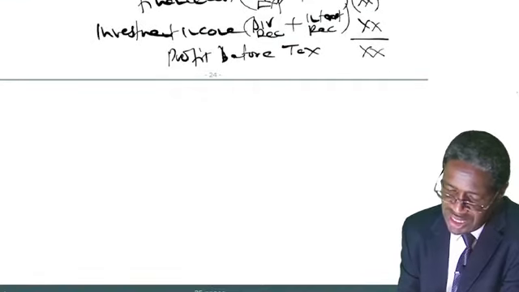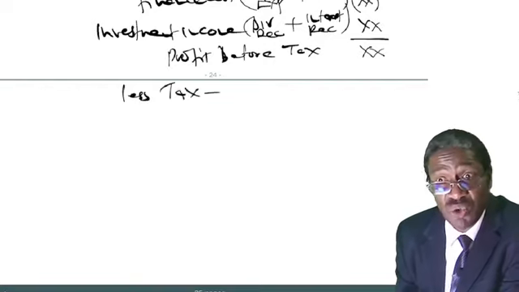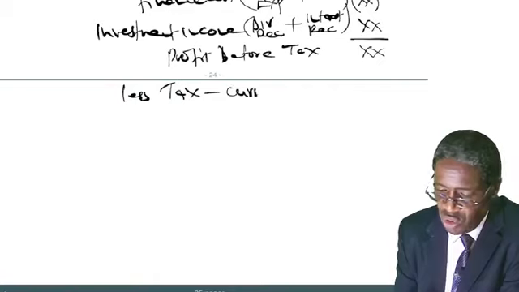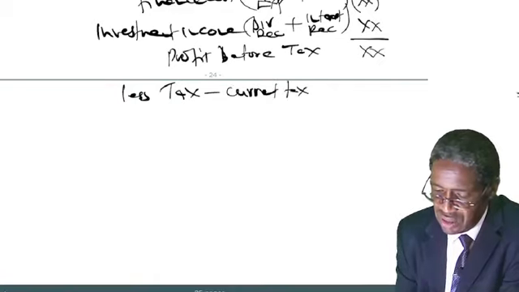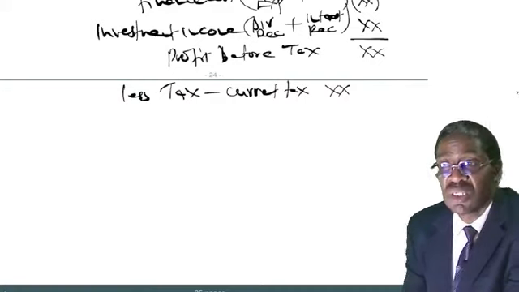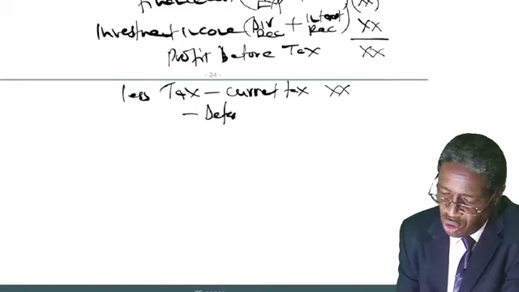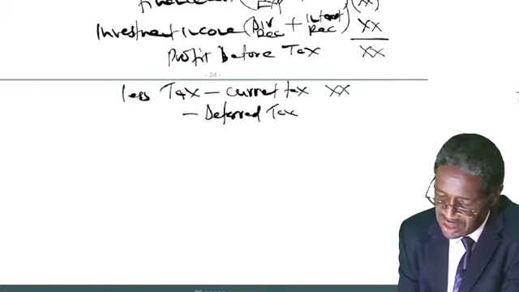You come and say less tax. For tax, I've already told you, you have what we call current tax. Put it on the inner column. Then you may be required to adjust it with what we call deferred tax.